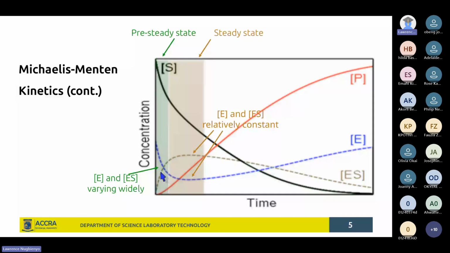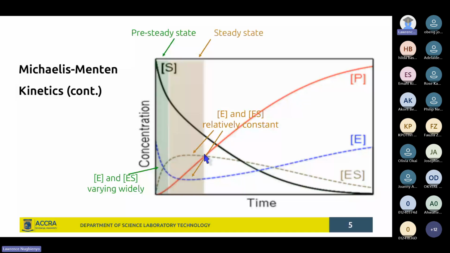Why pre-steady state? The next stage to that is referred to as the steady state. Why steady state? Because in that region, you notice that you have almost a constant concentration of the enzyme substrate complex. What does it mean?